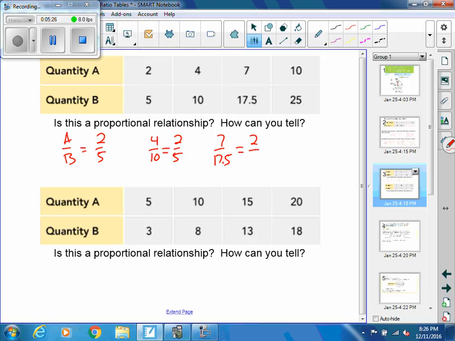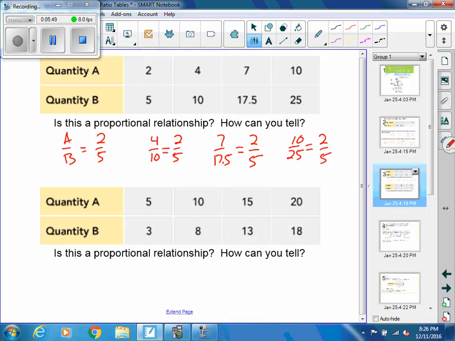If I take 17.5 divided by 3.5, that's 5, so it's also 2 over 5. And then 10 over 25, that's also going to simplify. 5 goes into 10 twice, 5 goes into 25 5 times. They all simplify to the same fraction.